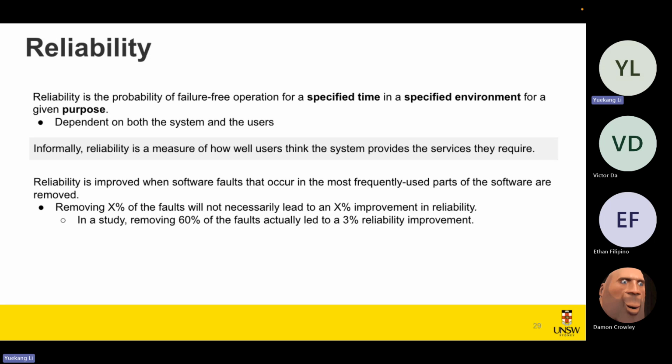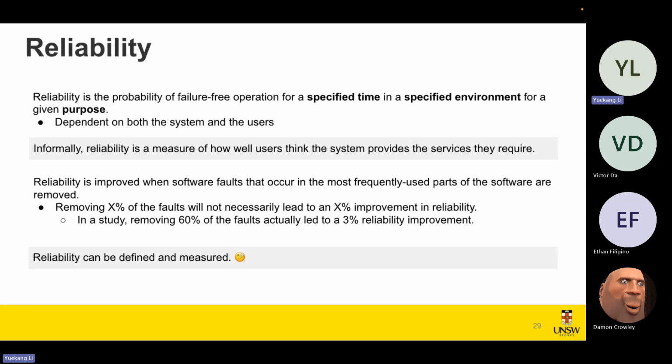But if the bugs are somewhere the users are frequently using, then the feeling is very bad, right? So removal of the bugs doesn't always improve the user experience. So that's about the definition and some interesting properties of reliability.